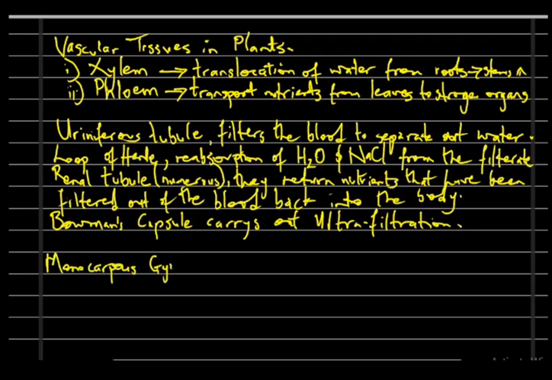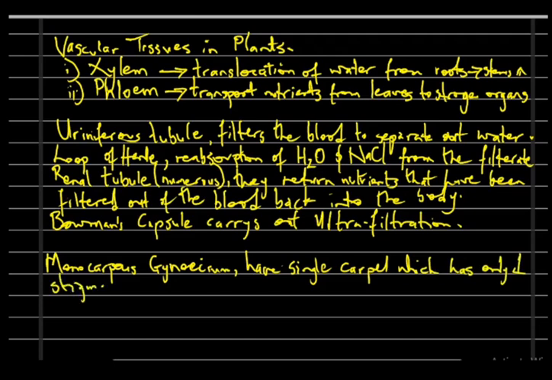They have a single carpel, and it has only one stigma, ovary, and style. That is what the monocarpous gynoecian plants are.